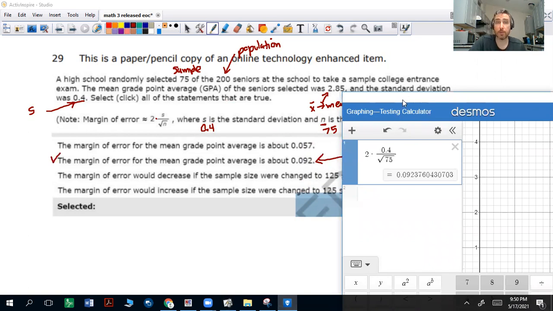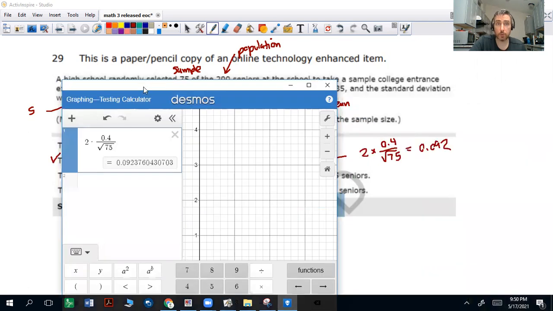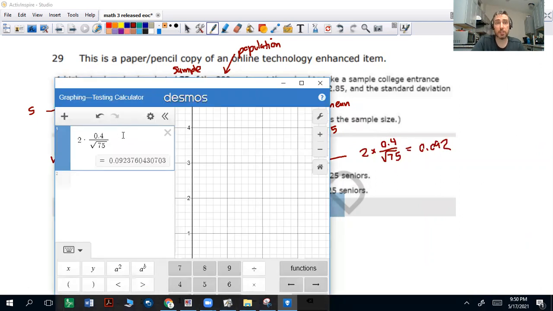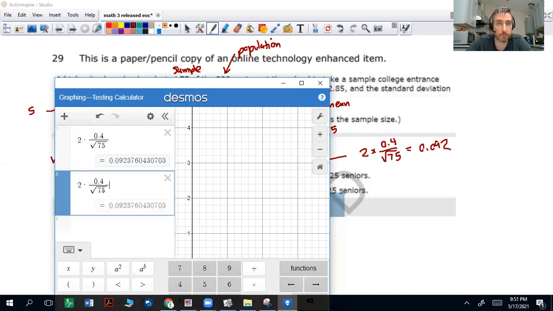Well, let's see what happens. If I change that to 125 seniors, so it says the margin of error would decrease or increase. So what happens when I change that margin of error? That's with 75. That's with 125. Notice that it went down. You're dividing by a bigger number, so it's going to make a smaller number.